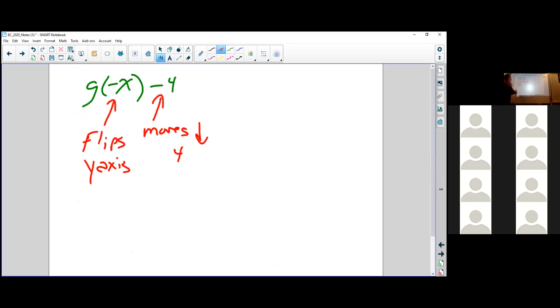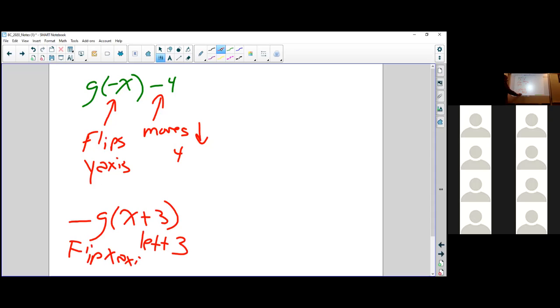And then I have negative g of x plus 3. So this is going to go left 3, and then this will flip over the x-axis. Notice where the negative falls to make it flip. And then we have g of 2x. Being that 2 is inside, it's going to be a 1 over 2 horizontal.